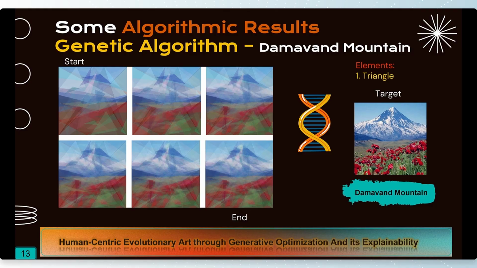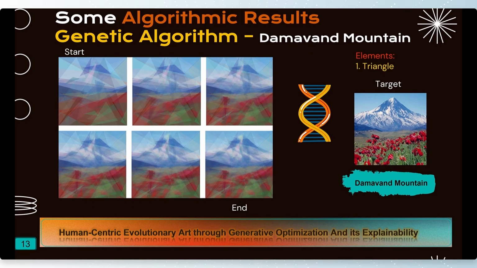But here it has an educational purpose, so we are just showing the process. Here we had 500 iterations. It took about 35 minutes on a Core i7 system, but it could be even better.